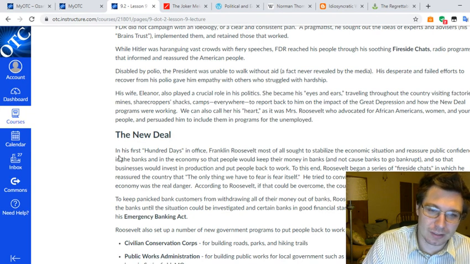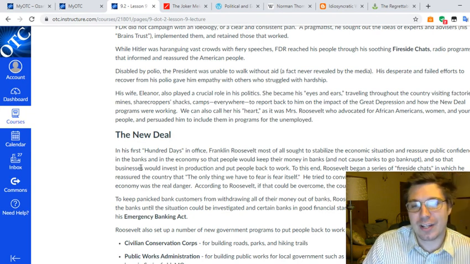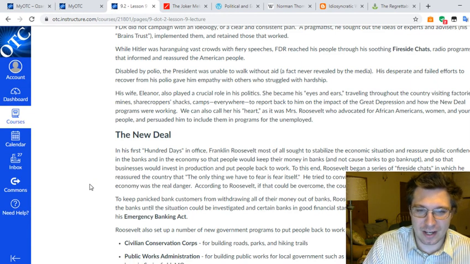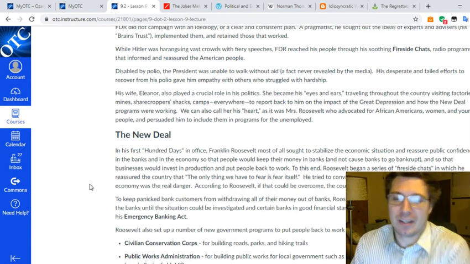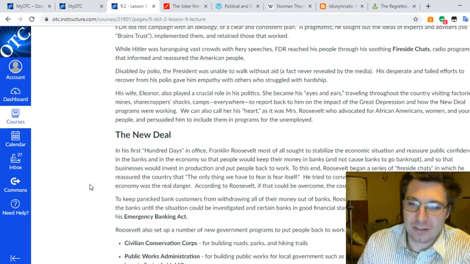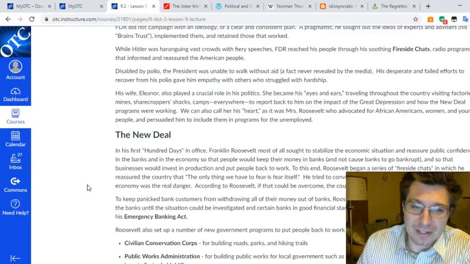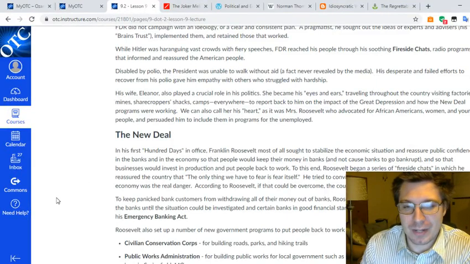The New Deal. In his first 100 days in office, Franklin Roosevelt most of all sought to stabilize the economic situation and reassure public confidence in the banks and in the economy, so that people would keep their money in banks and not cause banks to go bankrupt, and so that businesses would invest in production and put people back to work.